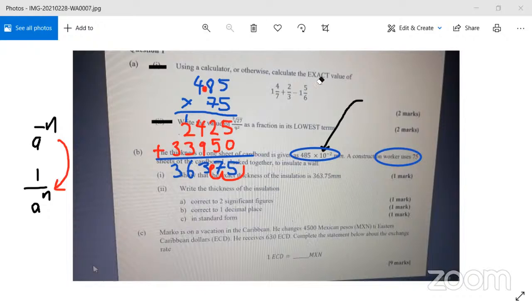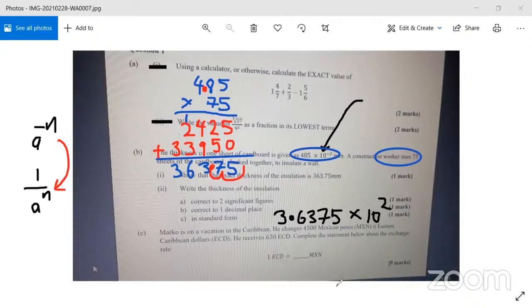So in standard form, 363.75 would be 3.6375, and you multiply that by 10 to the positive 2.